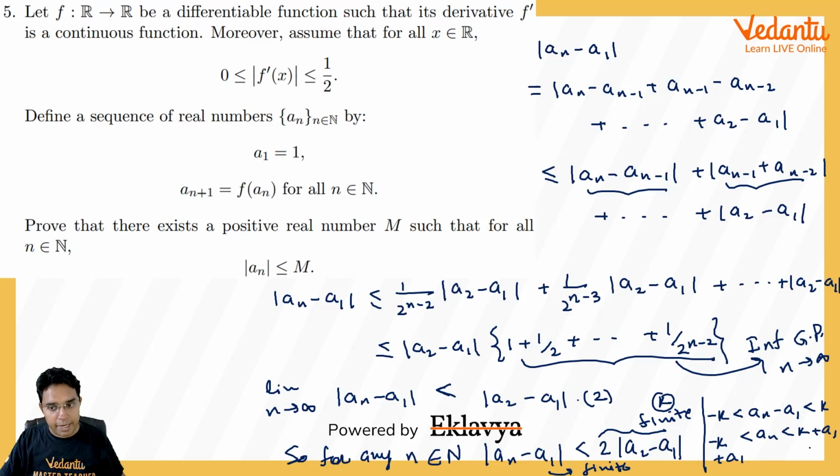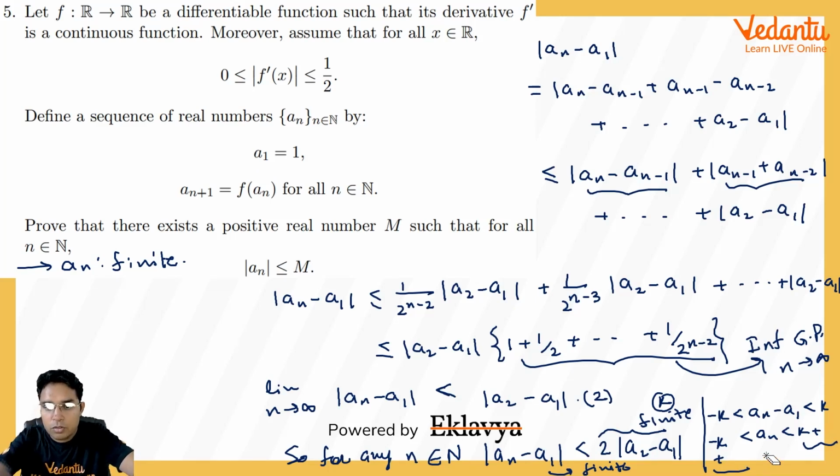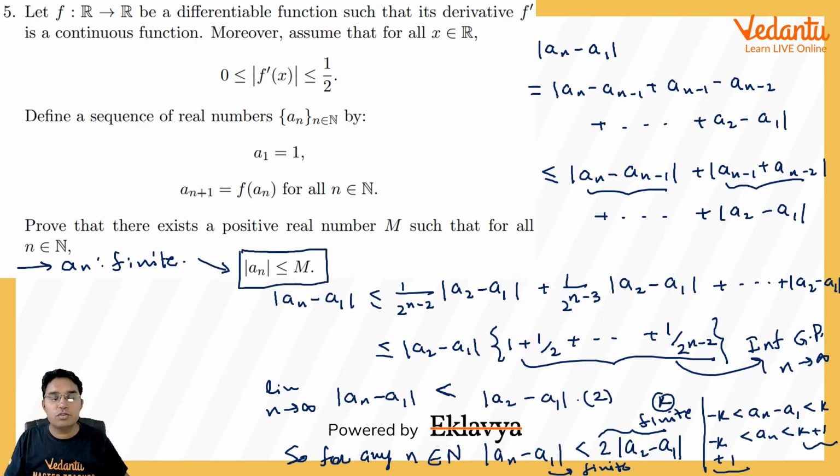But on both sides, whether k plus a1 or minus k plus a1, we can say that this an is finite, depending upon what the value of k is. A1 is already 1. Depending upon what is the value of this f1, this an is going to be between these two numbers. So an will be finite, hence we can write this. So this completes my solution of this question.